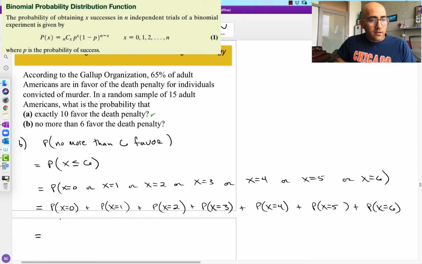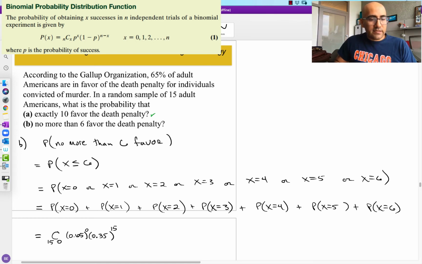So the formula would tell us that this is combinations of 15 choose 0, times 0.65, probability of success, to the power of 0, times 0.35 to the power of 15, right? If there are 0 successes, that means that there were 15 failures.